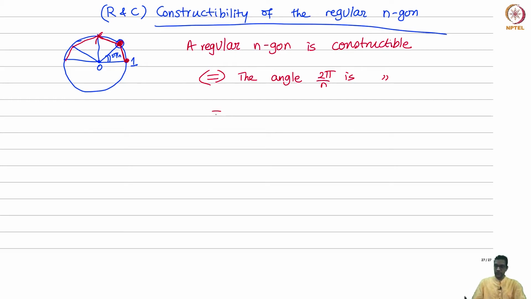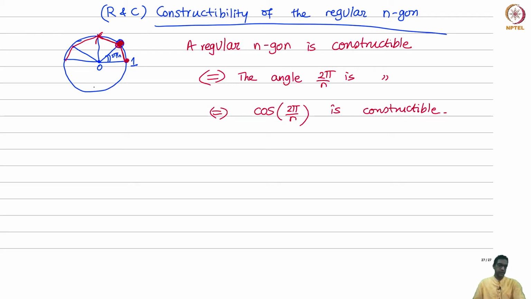And recall again, we've looked at this before, constructing an angle is the same as constructing this point here on the unit circle, and that point has coordinates cos and sine of 2 pi by n. So this is the same as saying cos of 2 pi by n is a constructible real number. Okay, so we have seen this before already. Now, if cos can be constructed, then sine can also be constructed, because once you know cos, you draw a right triangle and so on.